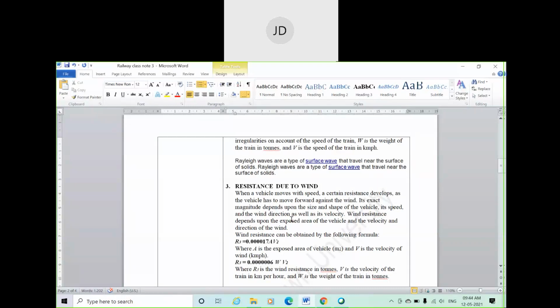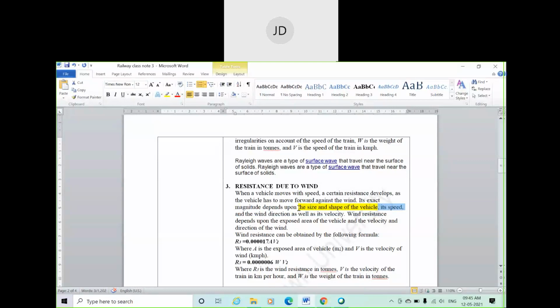The magnitude of the resistance due to wind basically depends on the size and shape of the vehicle, its speed, which is also very important, and the wind direction as well as its velocity.